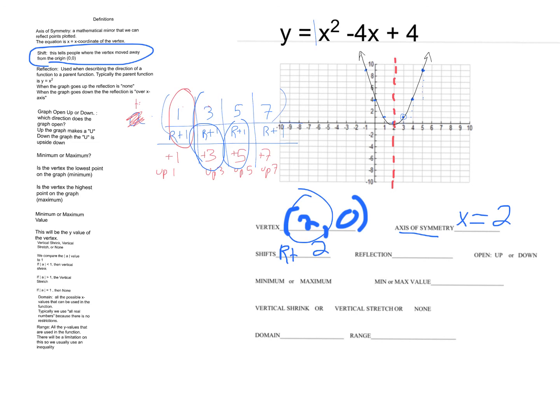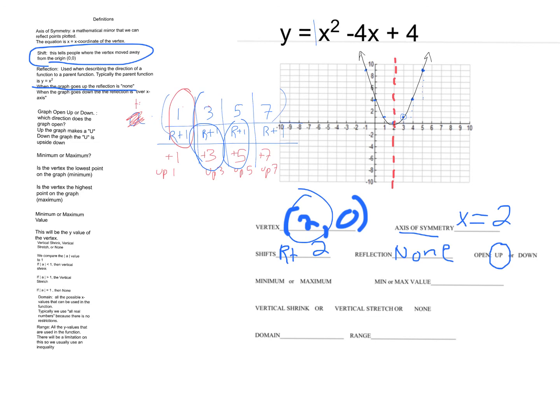Reflection, okay, if the graph is going up or down. Now the graph in this case goes upwards, which means there is no reflection, so none. Alright, this graph opens upwards because it makes a U. So open up. Now, minimum or maximum, okay?